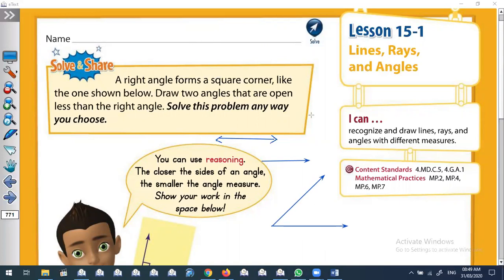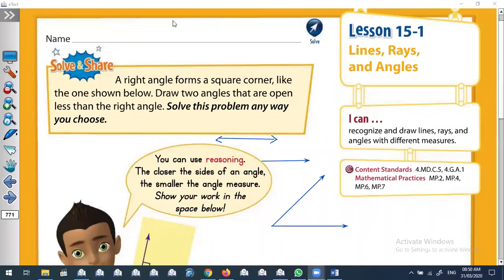So a line has no starting point, no ending point, and two arrows. A ray has one starting point and no ending point. An angle is the union of two rays with the same starting point.